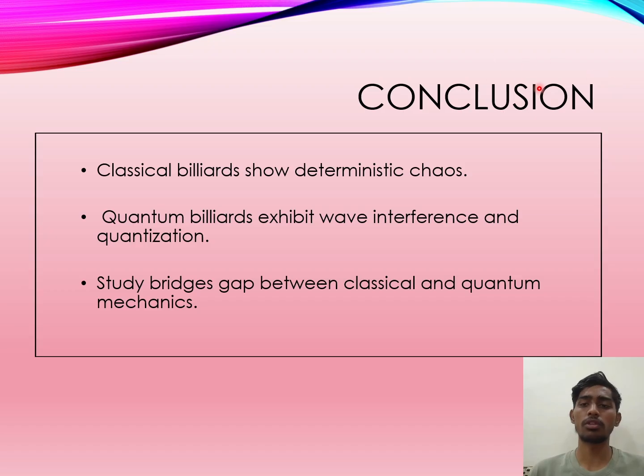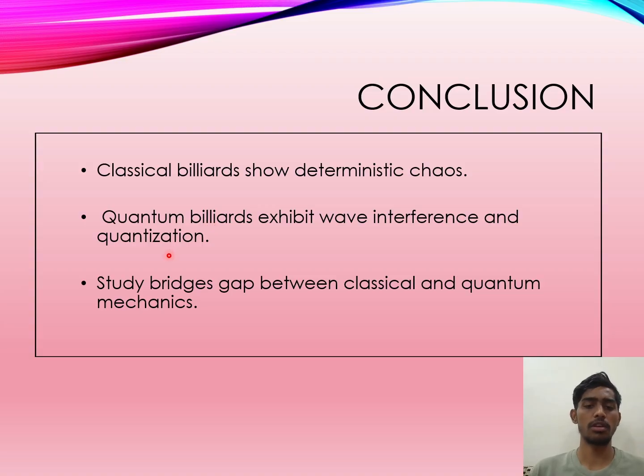Now the conclusion of the final part of this PPT is that classical billiards show deterministic chaos, while quantum billiards exhibit wave interference and quantization. I have already told you both of these things at the start of the PPT.